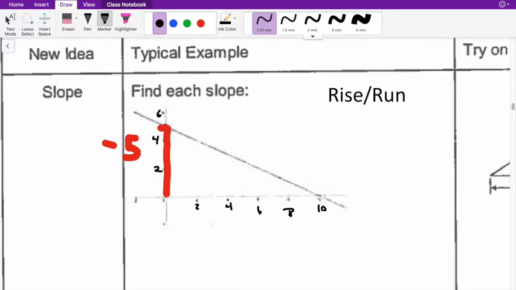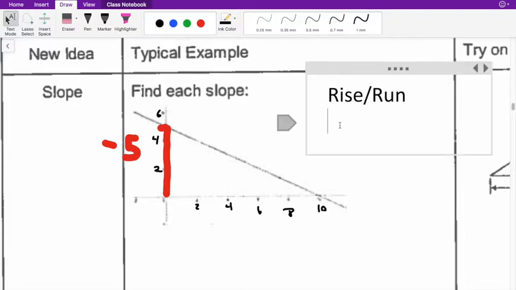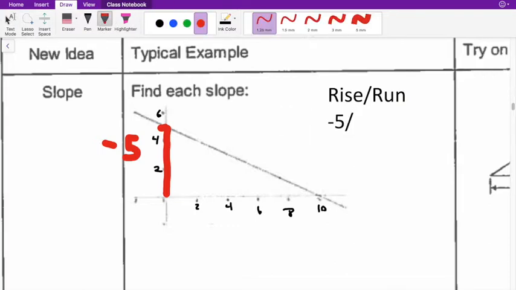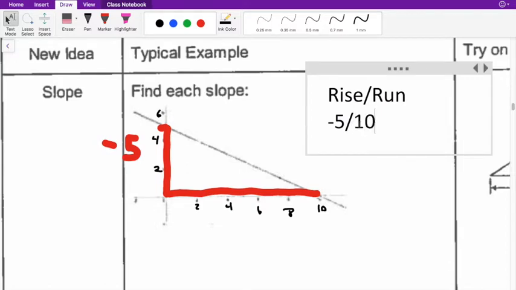So my rise is going to be -5 because we're going down. And my run is going to be all the way this way. So we're going up in numbers, and we're going all the way to 10. So it's going to be positive 10. And we know we can reduce that, because 5 goes into both of those. So we're at negative 1 over 2.